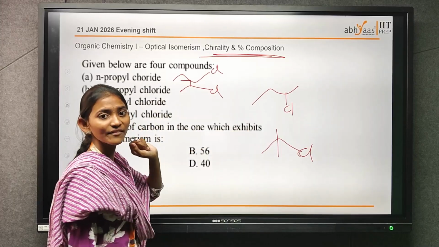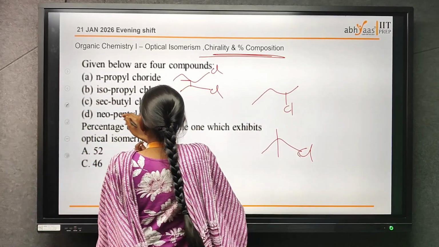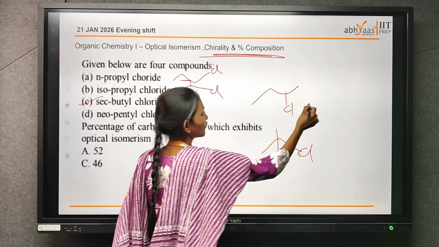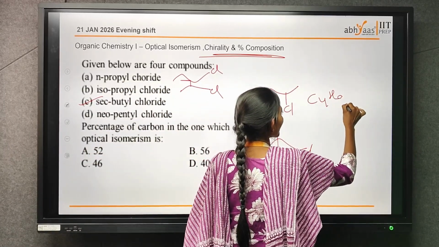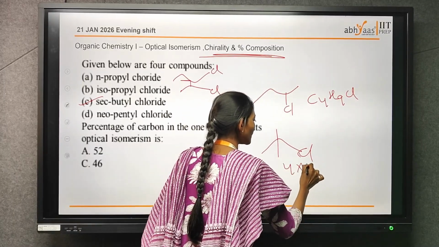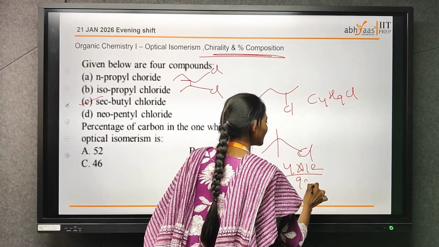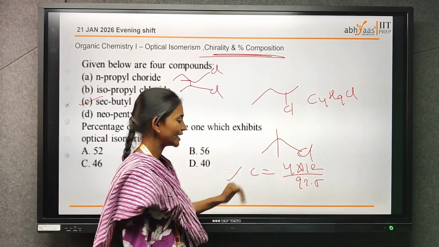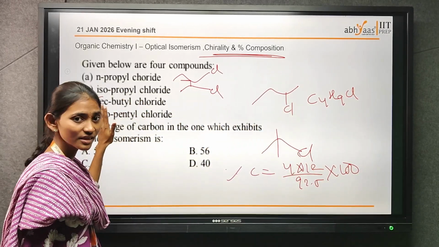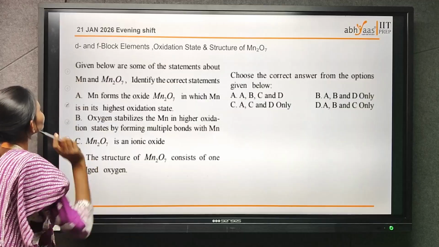Among all these, we are having chirality only for the secondary butyl chloride option, right? You can see here the formula C4H9Cl. So the percentage of carbon, we are having 4 into 12 by 92.5. Upon doing the calculation, you'll get some value. That will be your answer. Okay, not that lengthy, a moderate one.